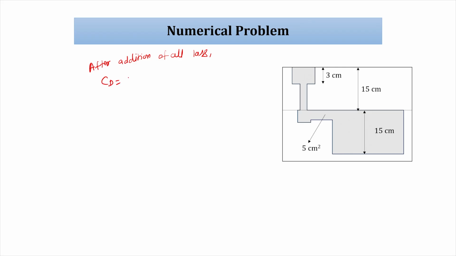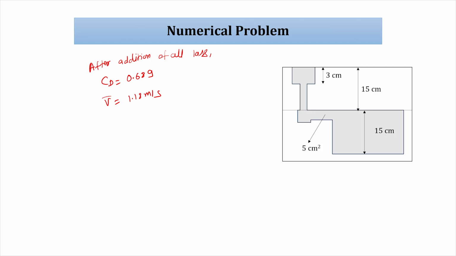CD equal to 0.689 and V average is 1.1 meter per second. So, now your velocity is 1.1 meter per second.